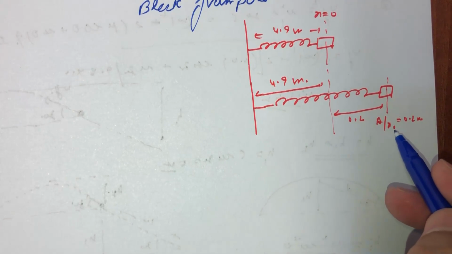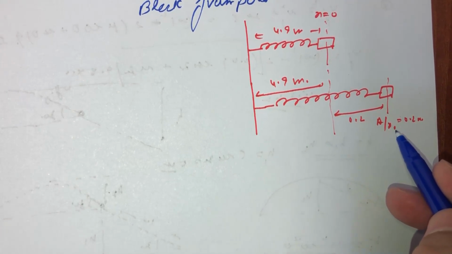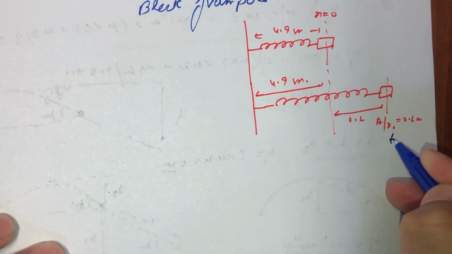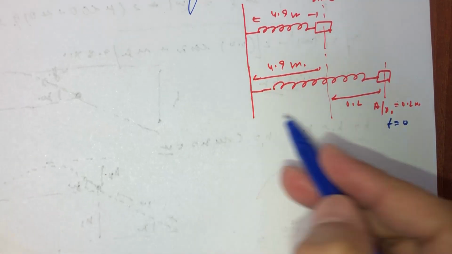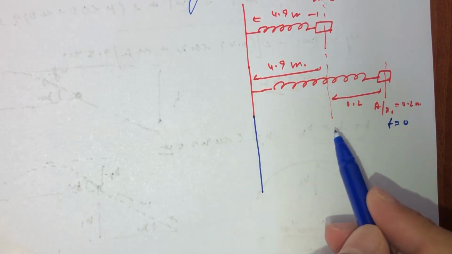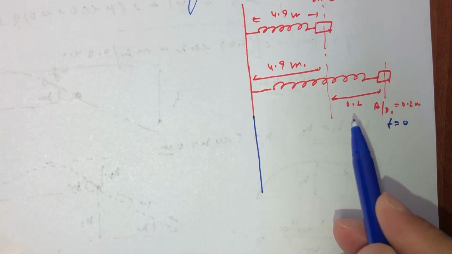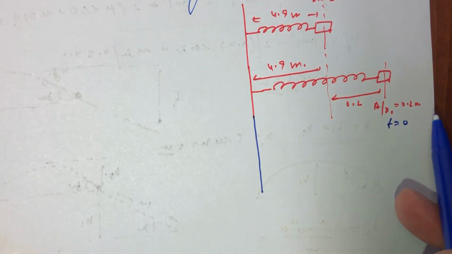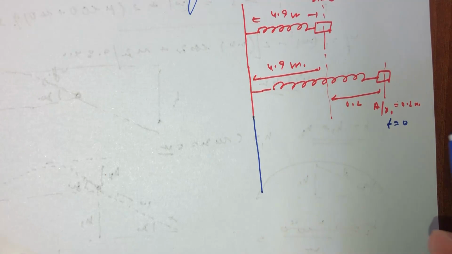Now from here it is released at t equal to 0. So this is the position at t equal to 0. Now we are going to find out how much distance it has traveled in t equal to 1 second, and in 1 second it has traveled a distance of 0.1 meter.